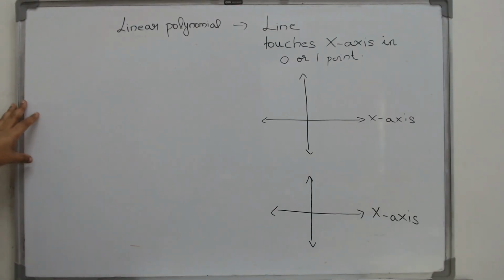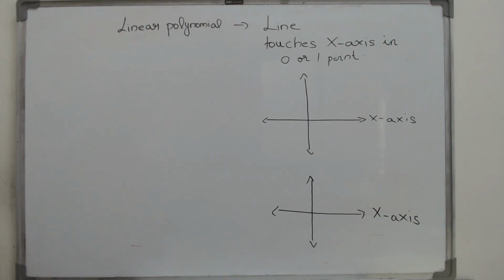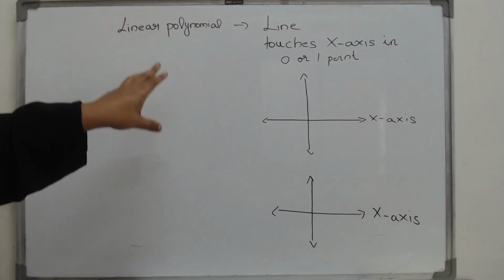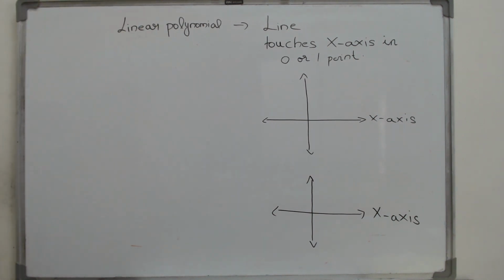Now that you have seen that we have three possibilities when we deal with a parabola, we will go on to a line and see how it behaves. If you start with a linear polynomial, you will get a line. A line, any straight line, will touch the x-axis in one point or it will not touch at all.